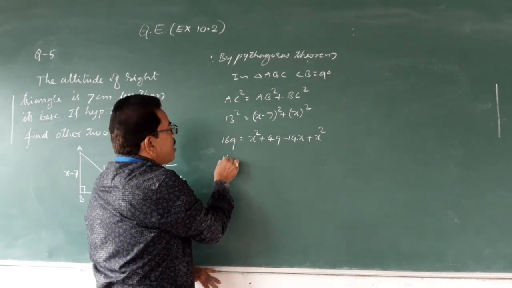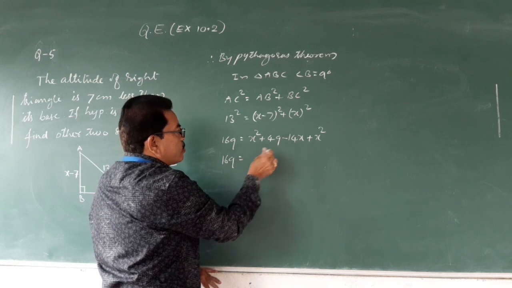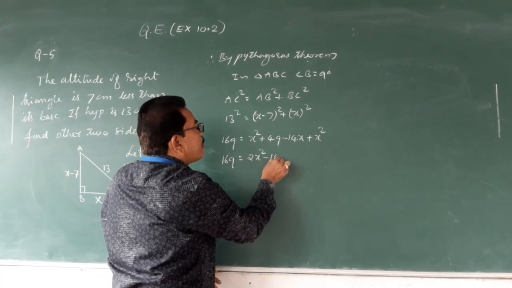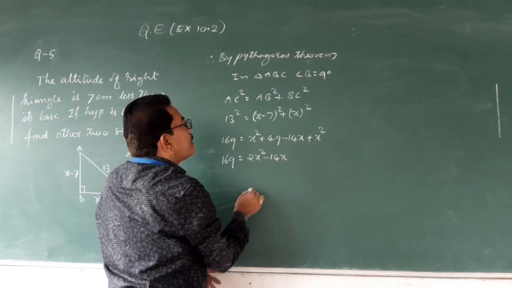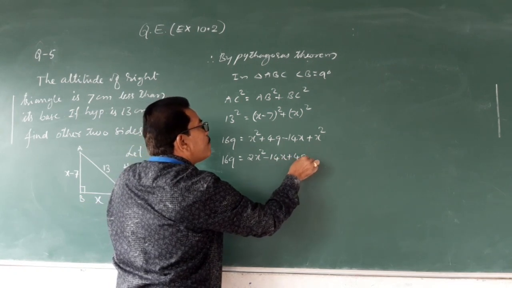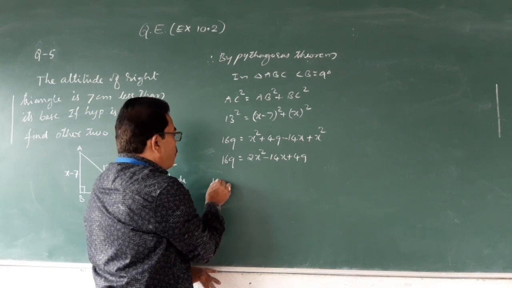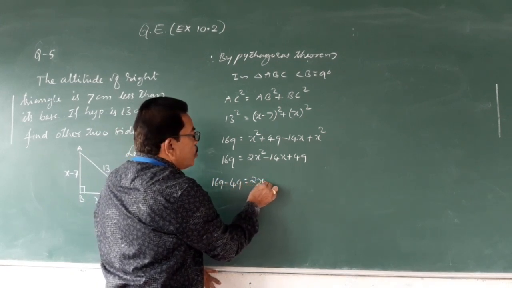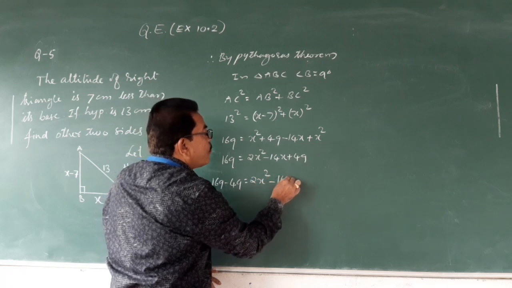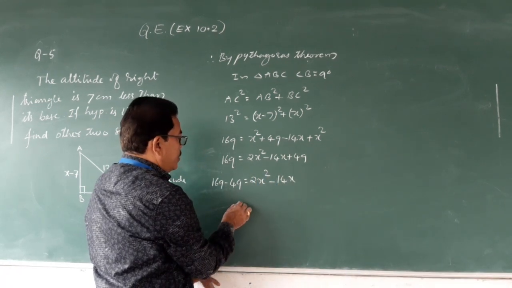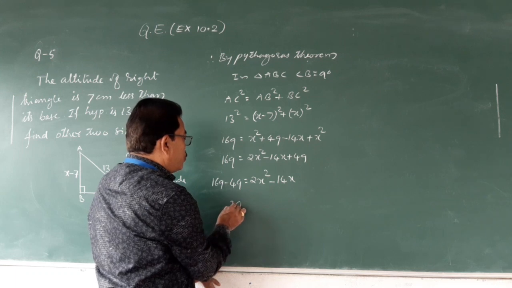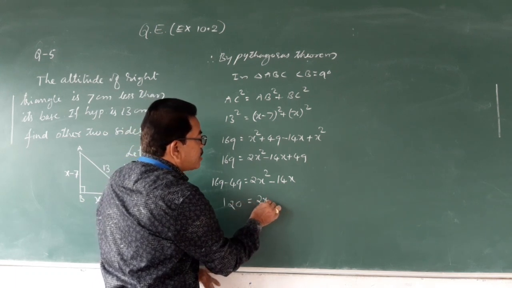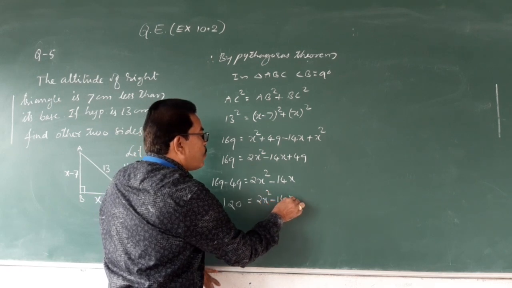Okay, 169 equals x square plus x square, 2x square minus 14x plus 49. Now 169 minus 49 equals 2x square minus 14x. So 120 equals 2x square minus 14x.